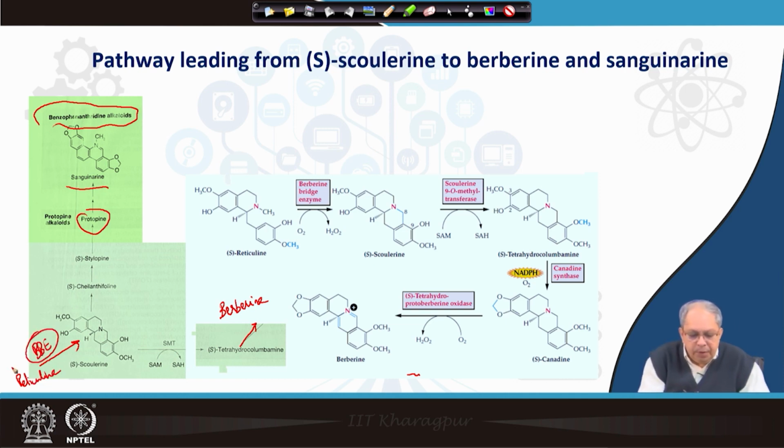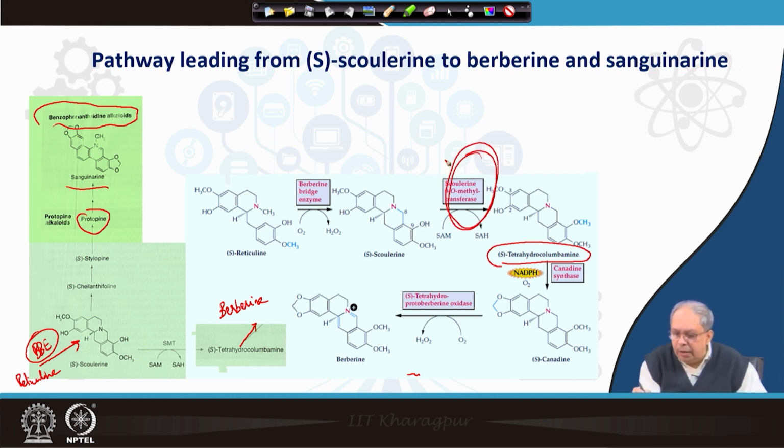Here, if you see the berberine pathway, from scoulerine it makes tetrahydrocolumbamine by scoulerine 9-O-methyltransferase. This is a very important enzyme, and then through several intermediates it ultimately forms berberine. There is a demand for more berberine and more sanguinarine, because these are antimicrobial compounds.